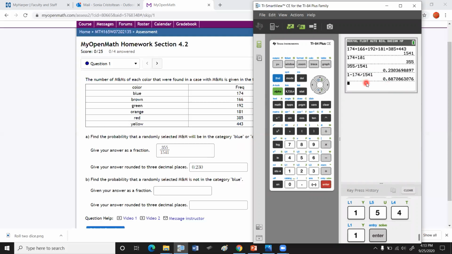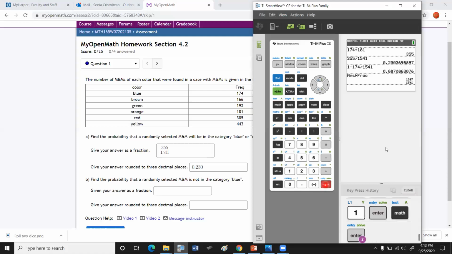I want to turn this into a fraction because they want a fraction right here. So I'll go to math, and the first option is fraction. Here is the fraction option. It's 1365. Oh, no, I'm sorry.